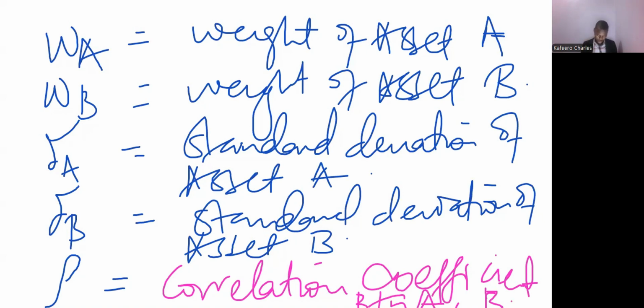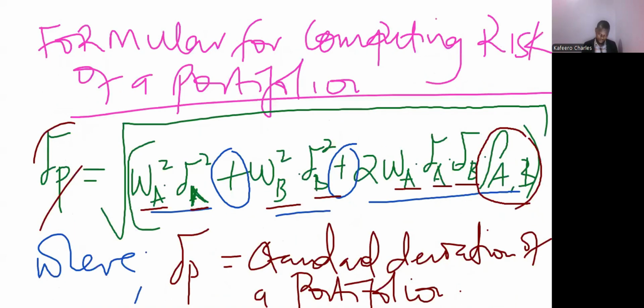And this formula is also provided in the formula sheet. It's the one that we use to compute. The whole of this is the correlation coefficient of asset A and asset B. So we need to look at how we determine the correlation coefficient.